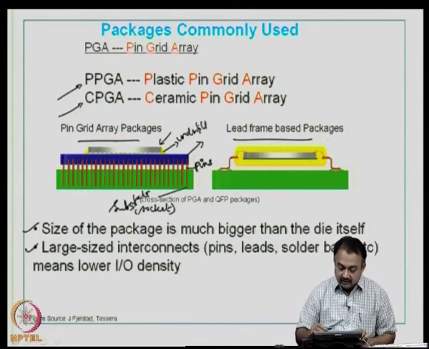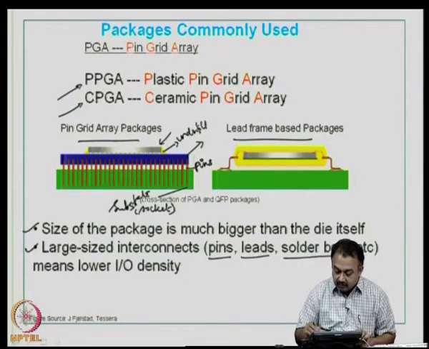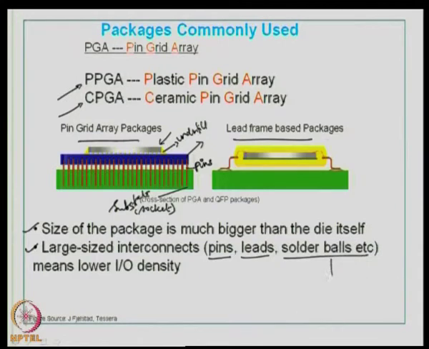Basically these are pins which are large, and it could be leads also or solder balls when you consider PGA migration to BGAs. So, basically it is low density, but these are specific to certain applications where you are not worried about the IO density, you are worried about the reliability of the interconnects and the stability or reliability of the package, a long shelf life.